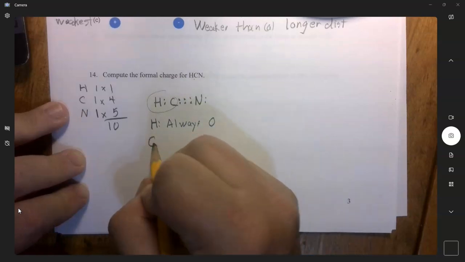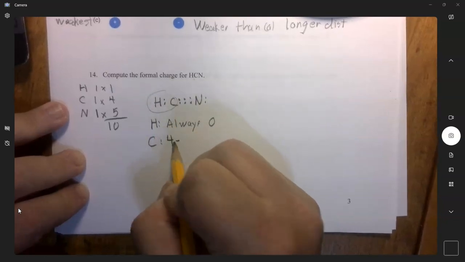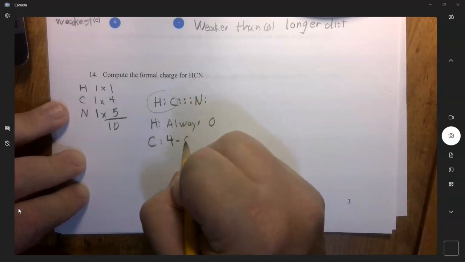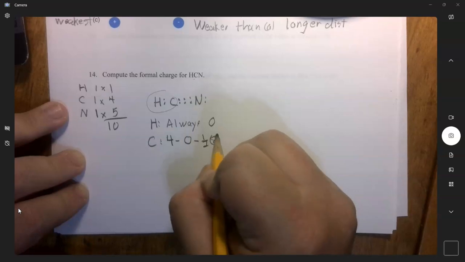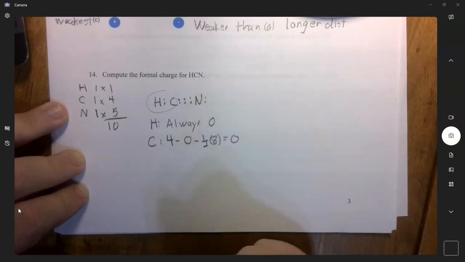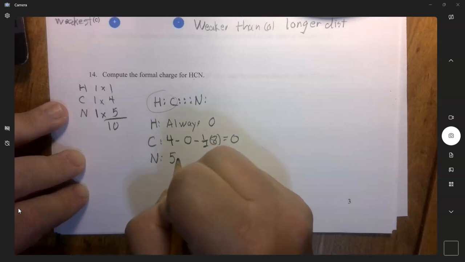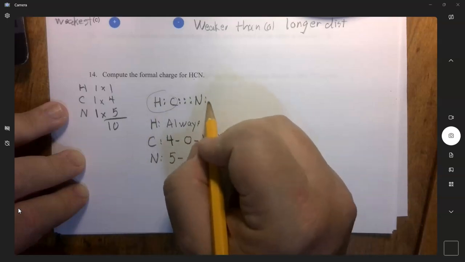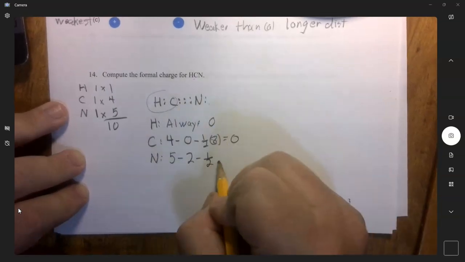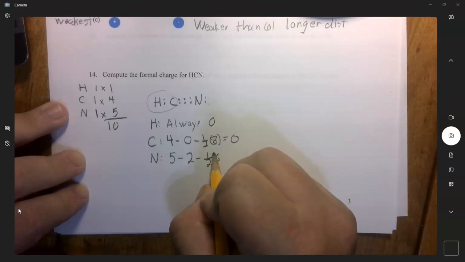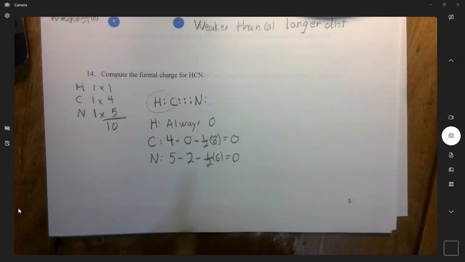Okay, C, it's going to be 4 valence electrons for C, minus lone pairs. There are no lone pairs on the carbon, minus half of the bonding, which is 8, and that equals 0. Okay, and finally N. You start with 5, you subtract lone pairs, there's 1, 2 lone pair electrons, minus half of the bonding, which is 1, 2, 3, 4, 5, 6, and that equals 0. So that's a very stable molecule.